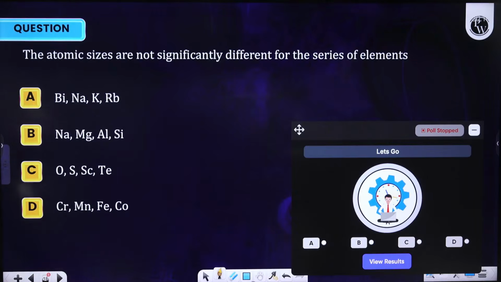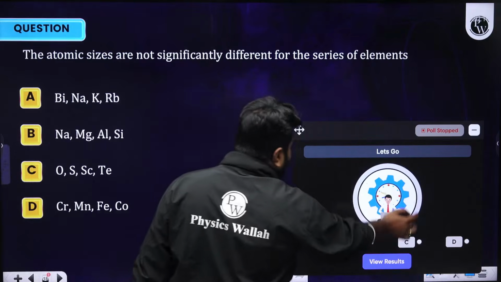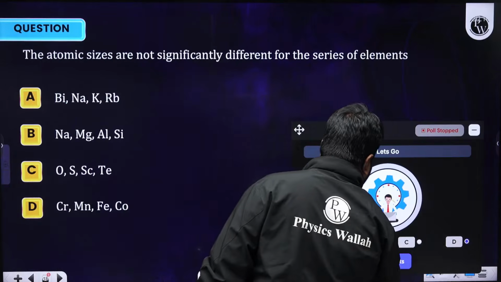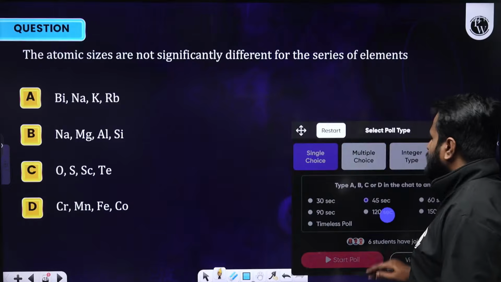Next. Atomic sizes are not significantly different for the series of element. Previous question answer is D. Yes.